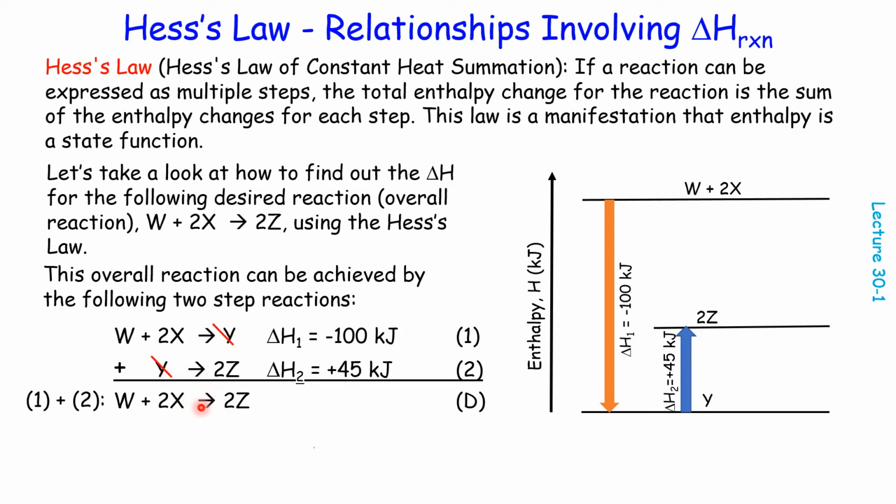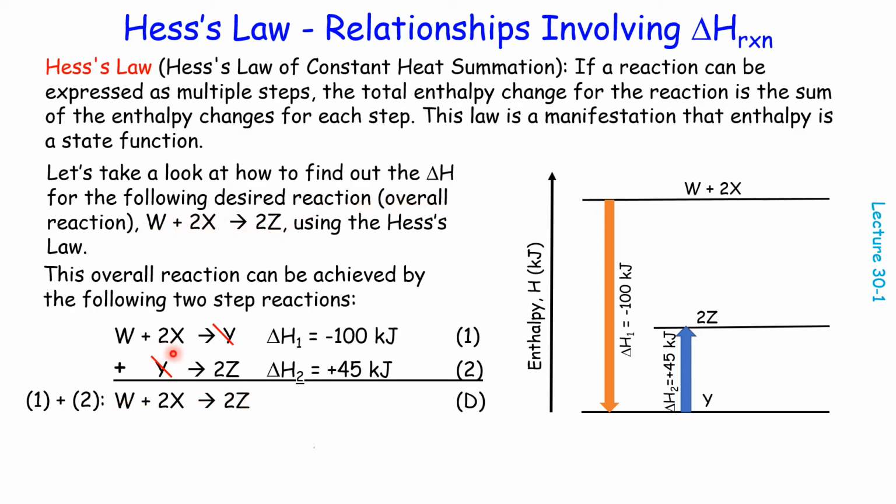Then you have the arrow sign. On the right-hand side of the arrow, you just have 2Z left, which is a product. And this reaction is exactly the desired reaction, or the overall reaction.